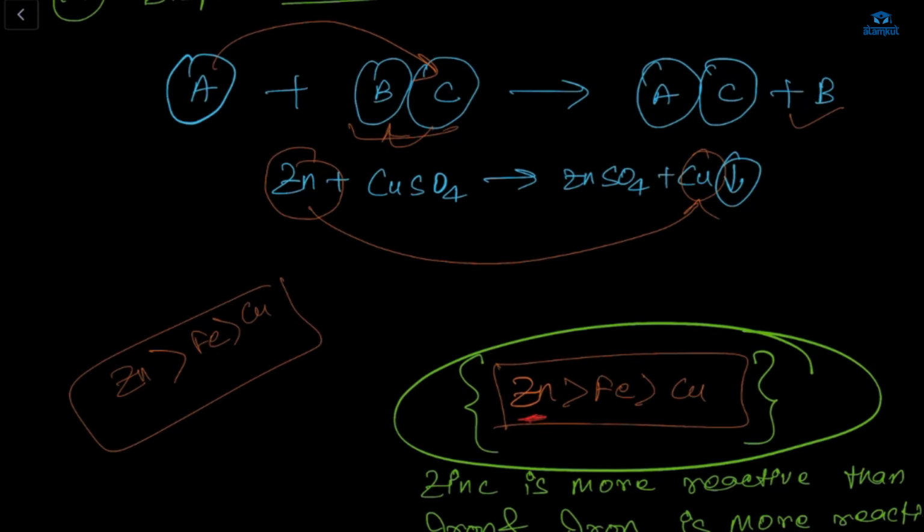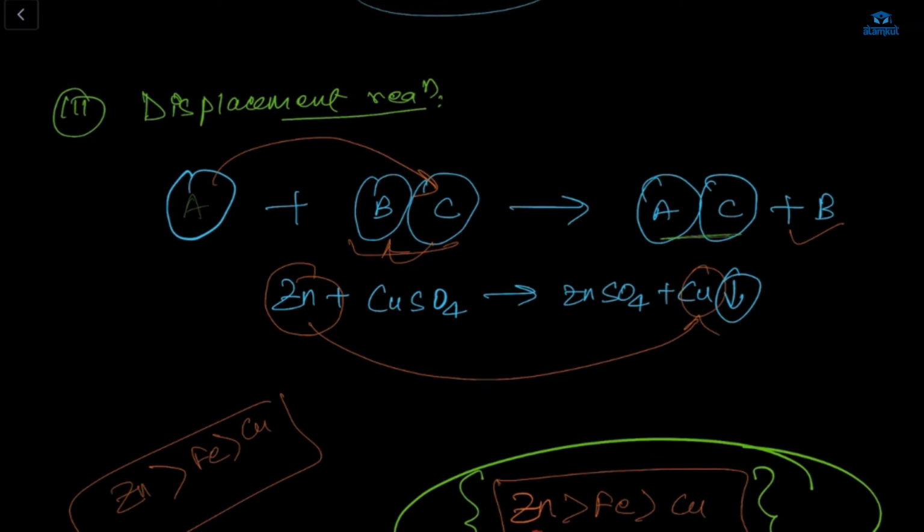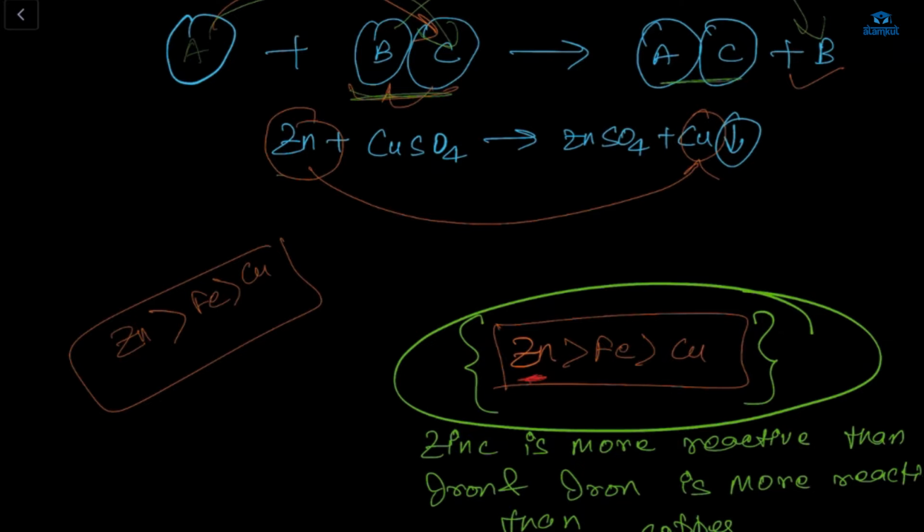For example, here is my A plus BC, and here AC and then B. A is combining with C and displacing B. Here Zn plus CuSO4 is giving ZnSO4 plus Cu, because Zn is more reactive than copper. Then Zn will combine with SO4 and Cu will be alone.